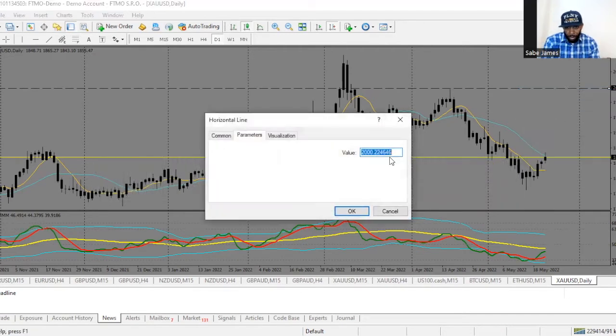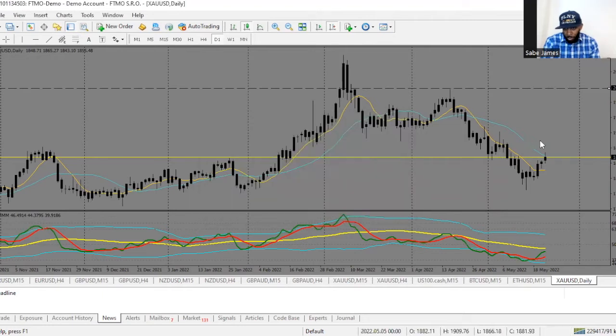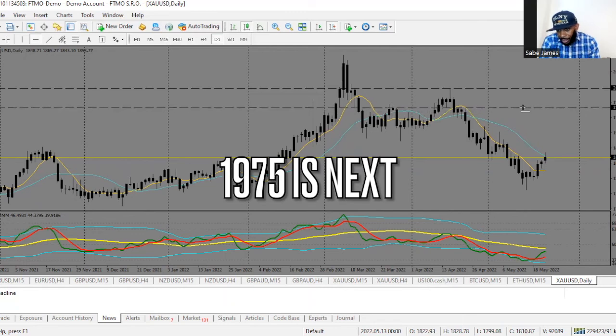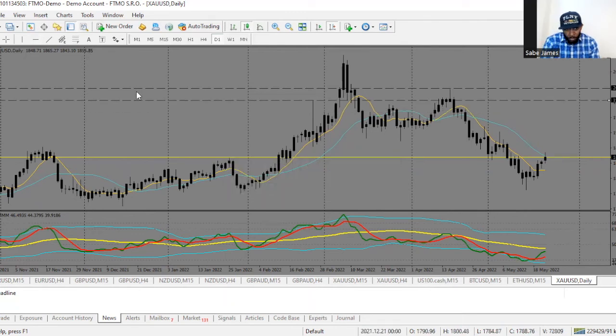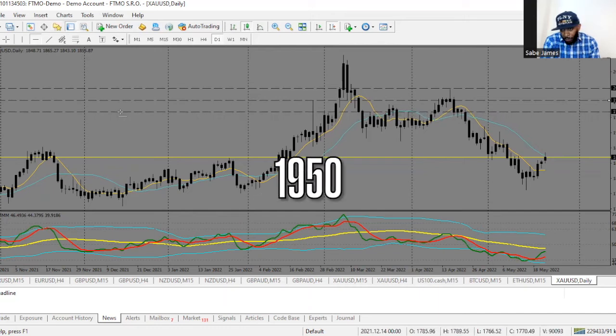Horizontal line properties. Make sure we're specific. Then we go to 1975. Then we have our 19, and we're going to go to the 50.